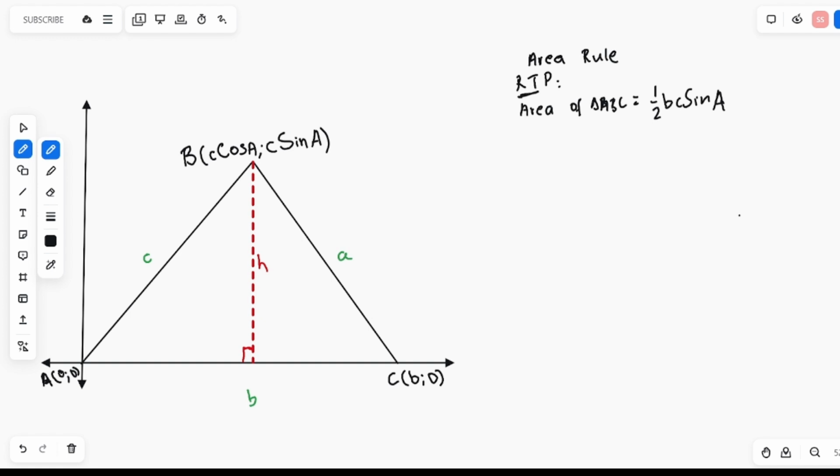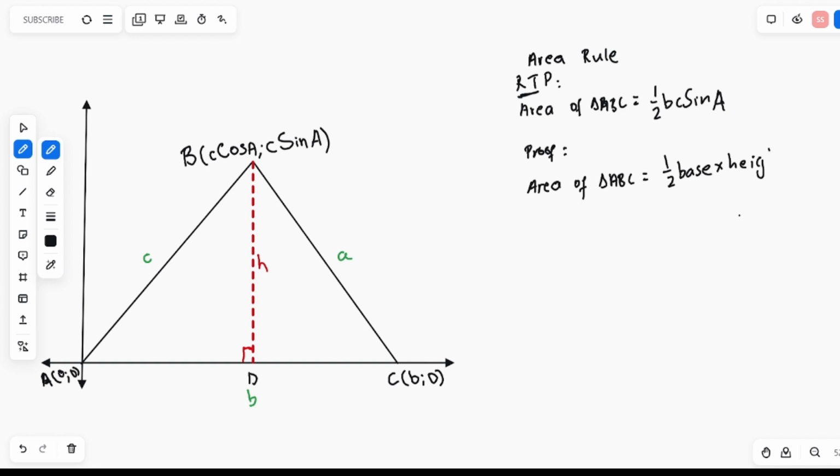You are going to tell the examiner that you constructed this line, H, perpendicular to the base, and then when you start your proof, you're going to say that we know that the area of any triangle, in this case the area of triangle ABC, is going to be half base times the height, isn't it?